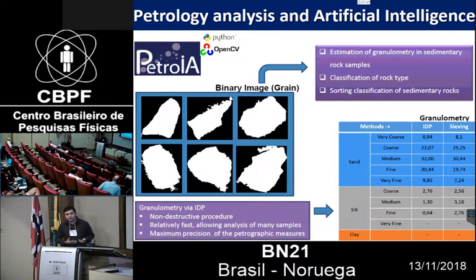It's really fast, and it turns out that our results seem, we have a strong suggestion, to be very precise compared to petrographic measurements. So this is also an interesting result we have. We can classify the rock types and make this automatic granulometry. If you have the right infrastructure, it will be very fast.